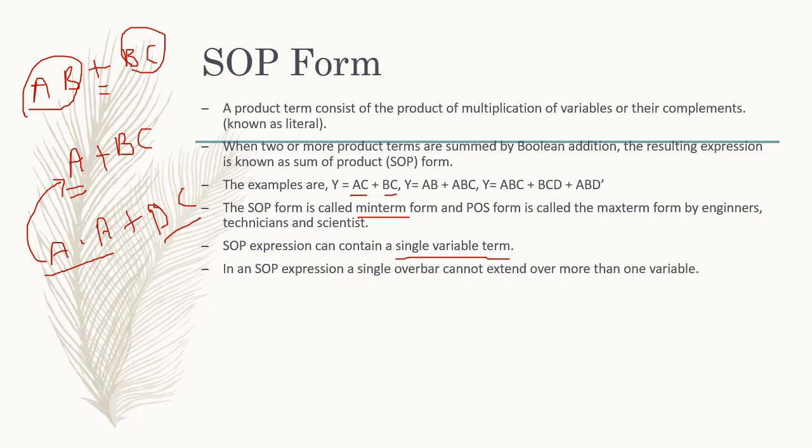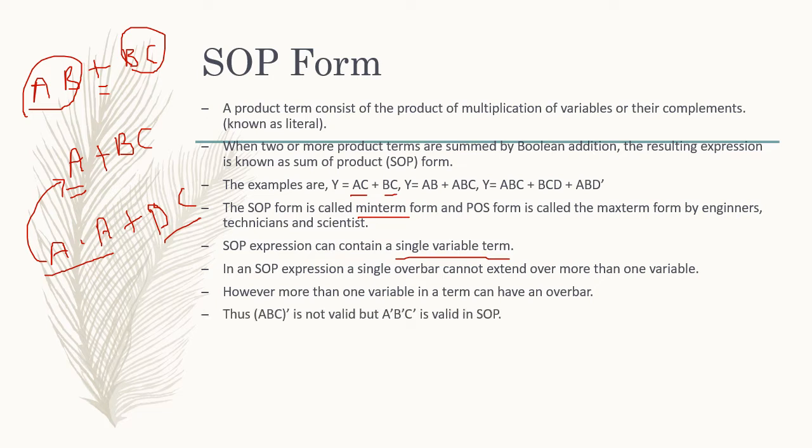In an SOP expression, a single overbar cannot extend over more than one variable. For this, I can explain. If you are taking the bar of whole ABC, then this is not valid for the SOP form. But if you are taking individual bars for each and every variable, then this is a valid term for SOP.